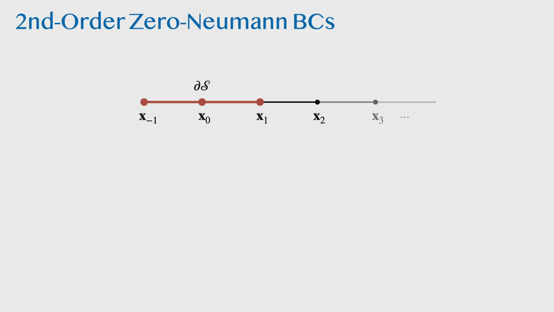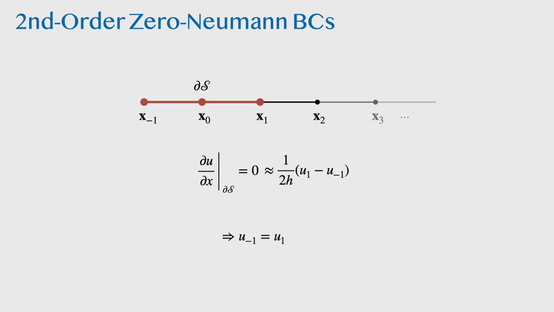And we get this by using the zero Neumann boundary condition, which in 1D you just have the derivative with respect to x at partial s is equal to 0. Using a second order approximation centered about x0, you get this equation, and we can rearrange this approximation. The approximation just involves data at x of 1 and data at x of -1, and you can rearrange it to get u at -1 is equal to u at 1.